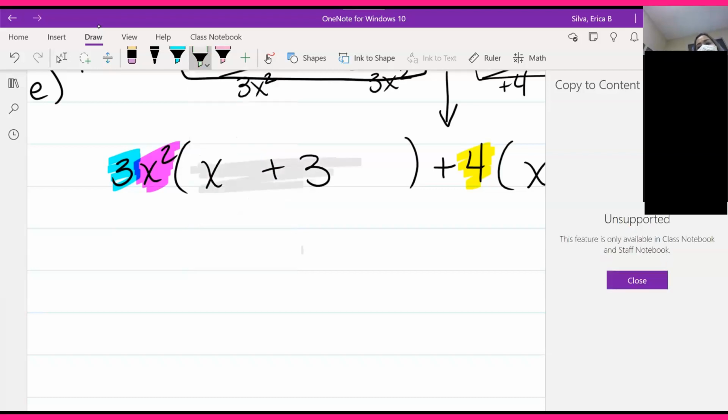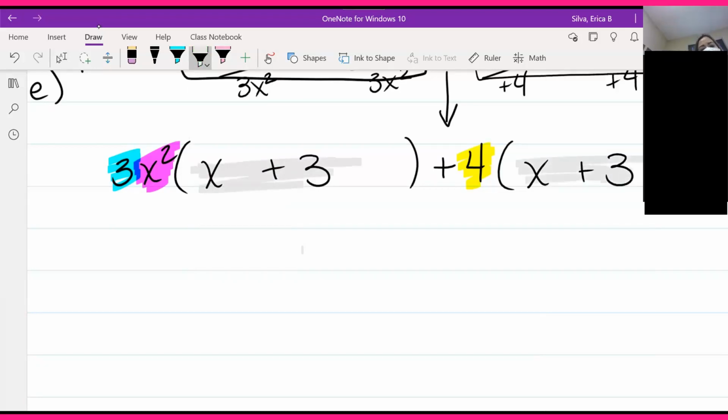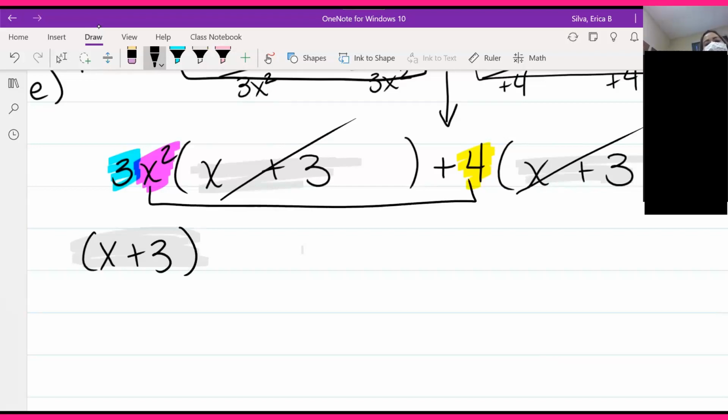So they both have x plus 3 here, x plus 3 here, so we're going to factor it out, x plus 3. We're going to cancel that one, and we have left over 3x squared plus 4. And that's it.